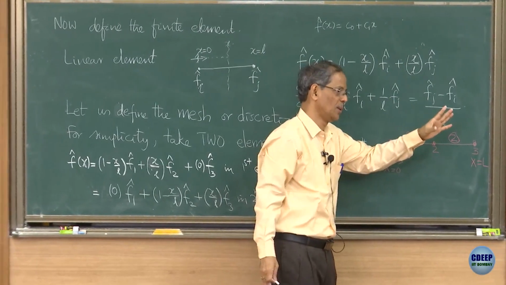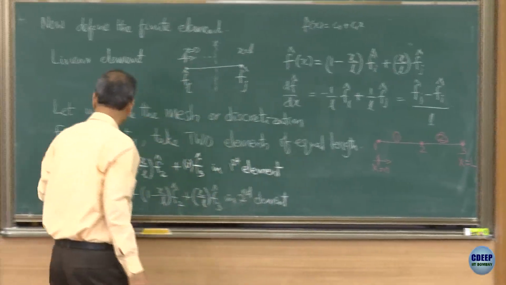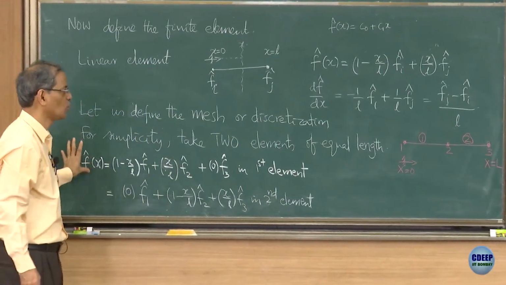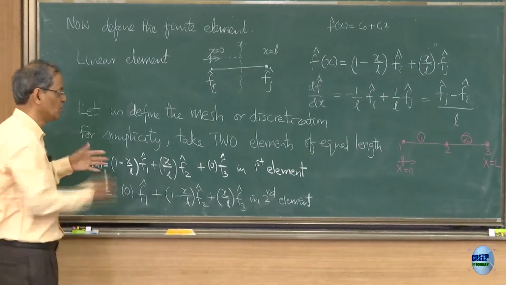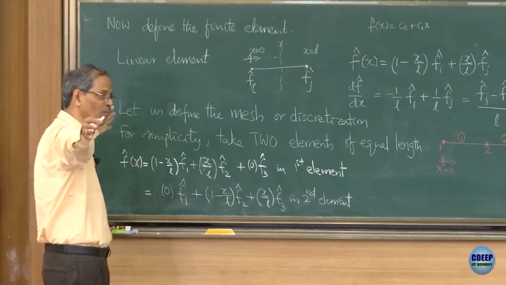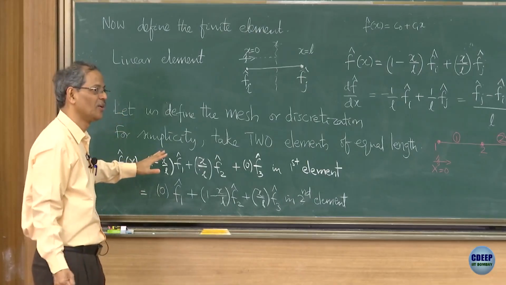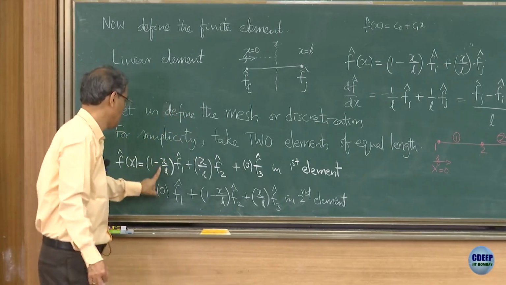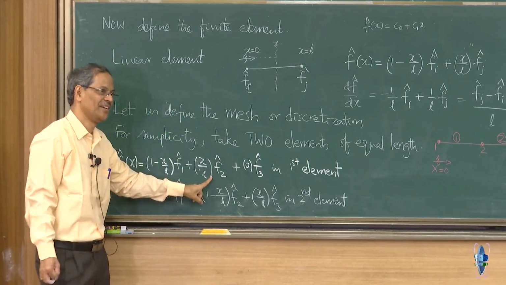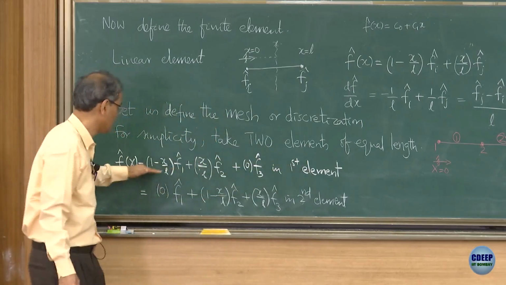So f hat of x, our total solution over 0 to L, over the whole domain, is defined in each element only through these interpolation functions. So when I am in the first element, it is this much.